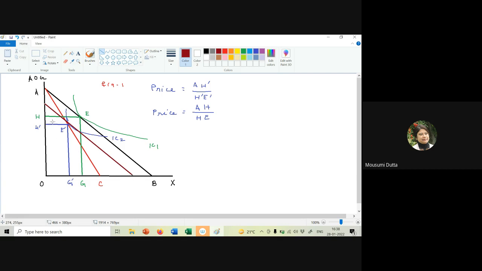This budget line is parallel to AB and passing through E prime. This we are marking as KL.